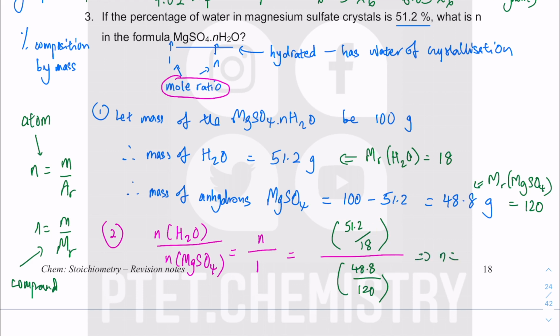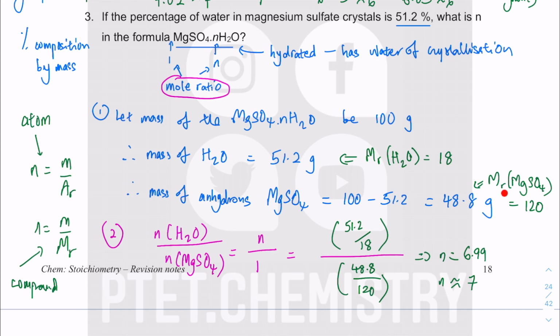So pop all of that into your calculator and you will get 6.99. So of course, n is water of crystallization, it's a whole number ratio, so it's rounded up to the nearest whole number that will make sense after all. Okay, so mole ratio is not mass ratio because different substances have different molecular masses.